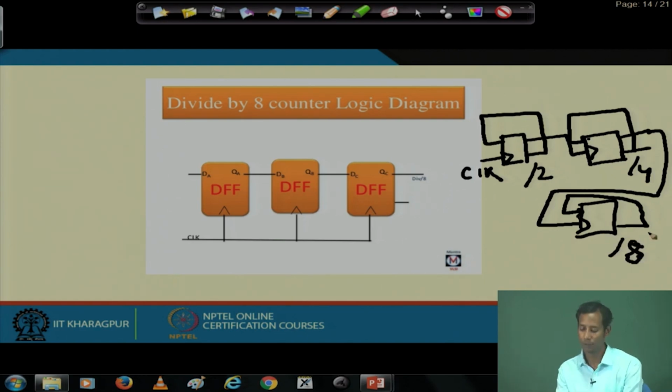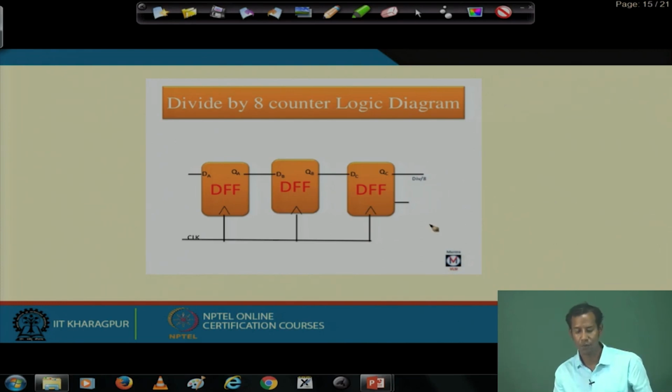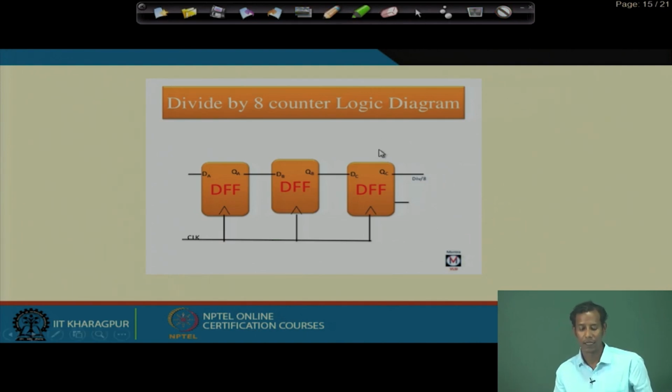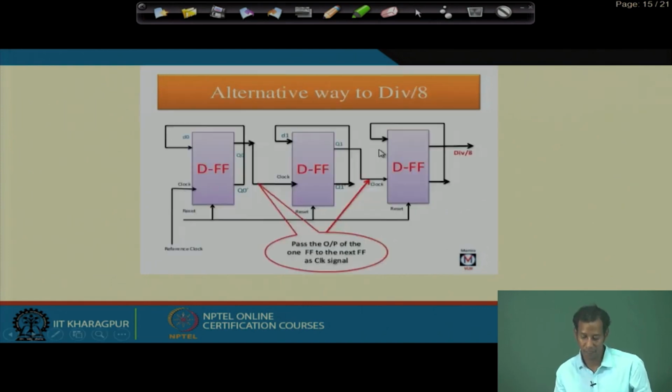That means after the first T flip flop it will be divided by 2, then the output from here will be the clock for the next one, which produces divide by 4, and then the output from that is the clock to the third one, which will provide you the divide by 8. Okay.